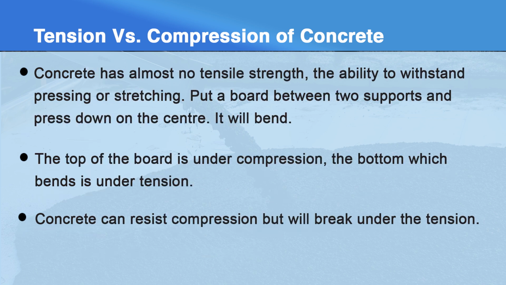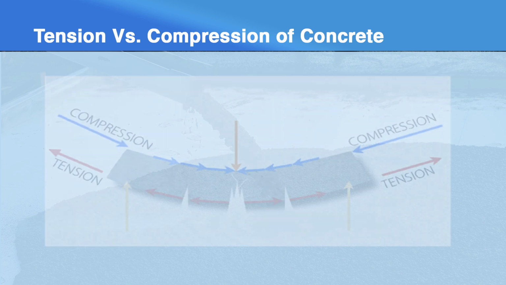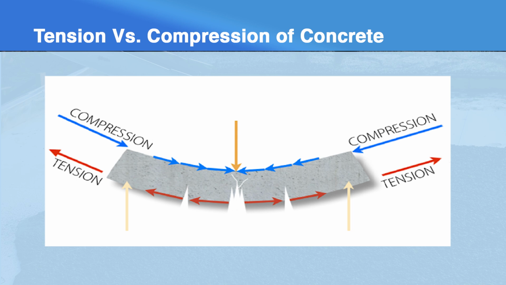Concrete has almost no tensile strength, or the ability to withstand pulling or stretching. Concrete can resist compression but will break under tension. Concrete cracks in roads and slabs are mainly due to tension.